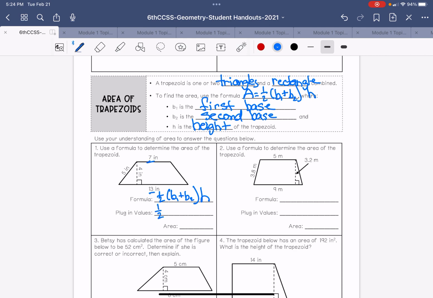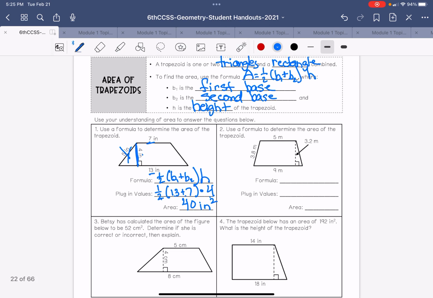So 1/2 13 plus 7 times the height, which on this one is this straight line, is 4. And we don't need that 5. So 13 plus 7 is 20. 20 divided by 2 is 10. 10 times 4, 40 inches squared. That is our area.